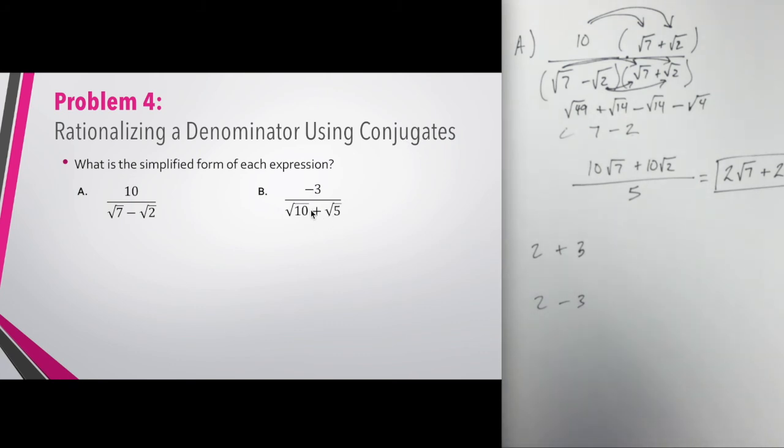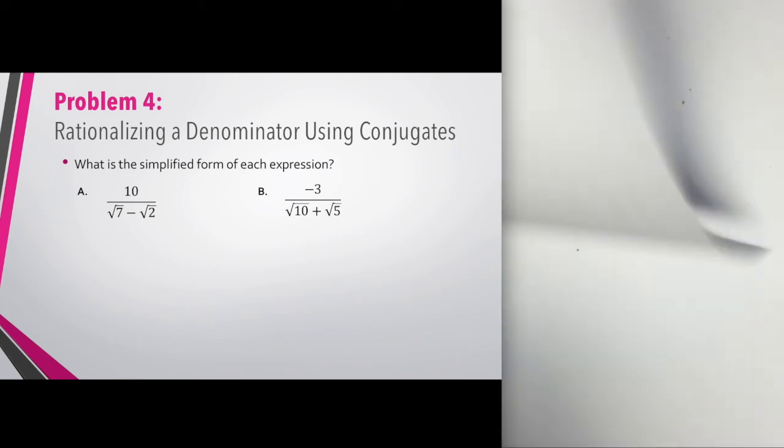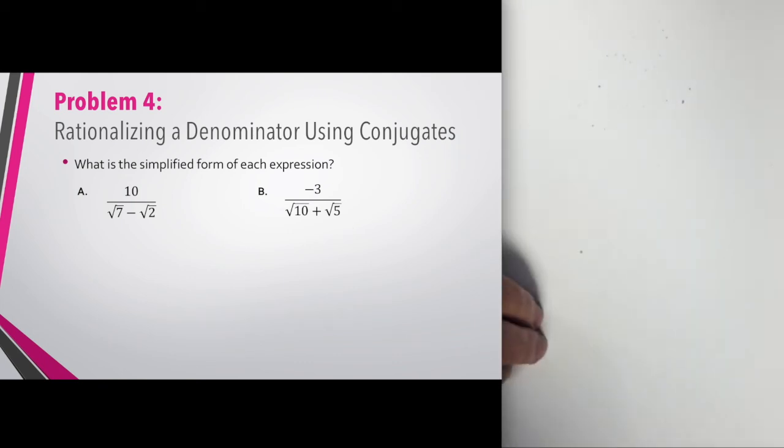Even when I do this problem, the square root symbols are going to be gone, and I'm going to be left with 10 minus 5 in the bottom. So you know immediately the denominator of letter B will be 5, because 10 minus 5 is 5. So I'm going to show you that real quick as our last problem.